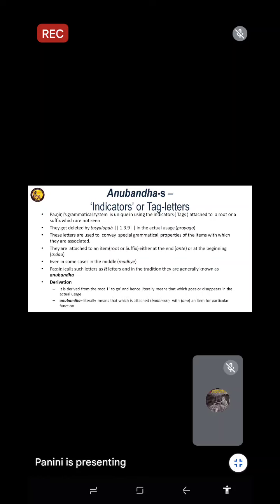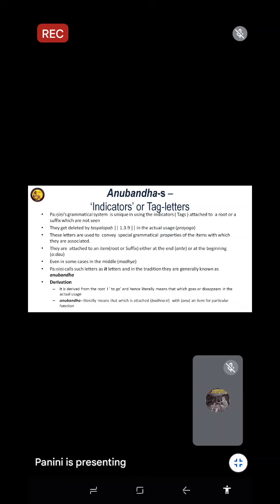So the indicator we are using, because translation is always a complication, is what we call anubandhas. They are Panini's term, each letters, because they are attached to a root or a suffix. The root can be a verbal root or a nominal stem, dhatu or pratipadika.